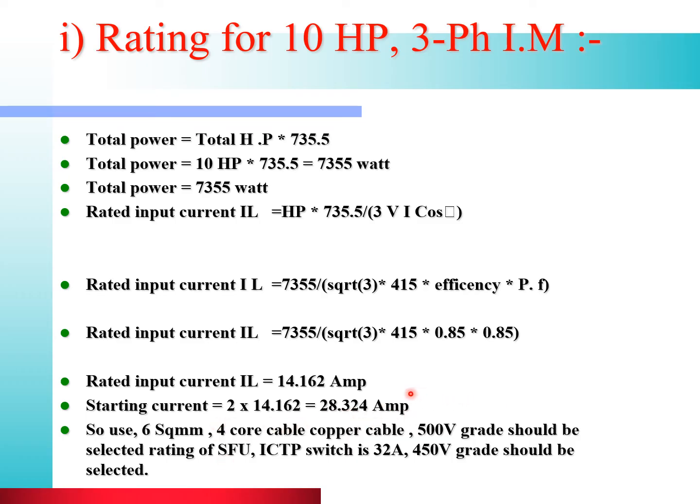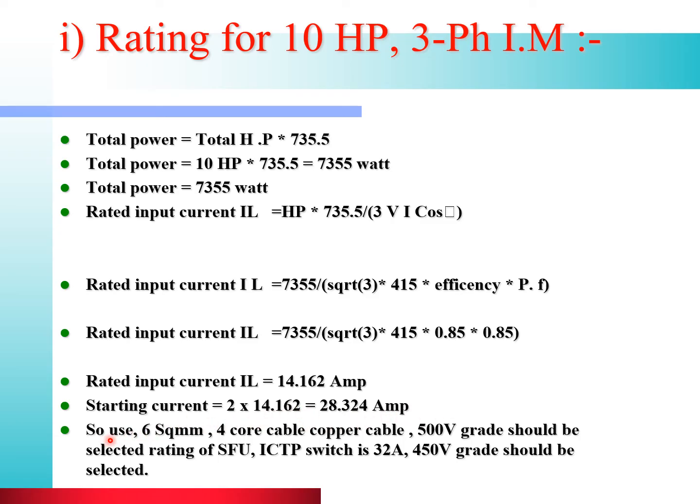From this current you have to calculate the cable required, that is the copper cable, as per the National Electric Code, which is already given in the first lecture. You have to find out the table for the particular cable required.